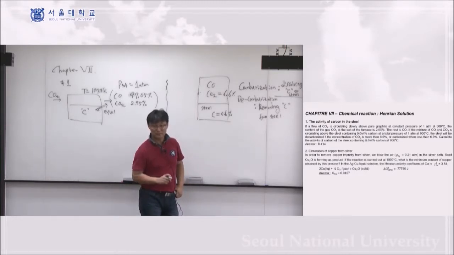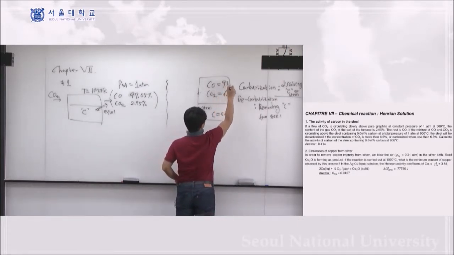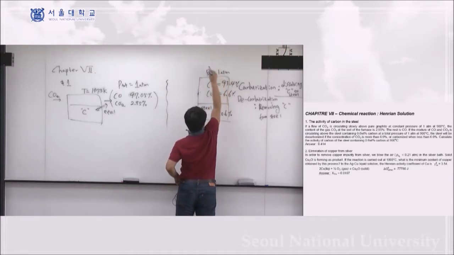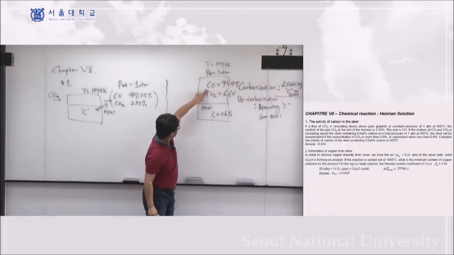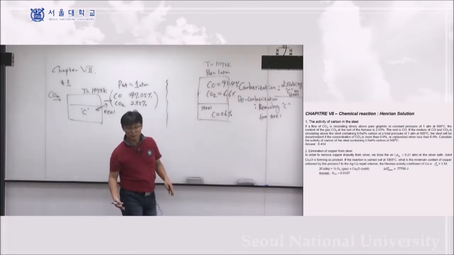Do you understand? So when this is 93.4%, P total is again 1 atm, and T equal to 1173 Kelvin. So same condition, and this one and this one. When this is the gas, it will equilibrate with the steel containing 0.6% of carbon.